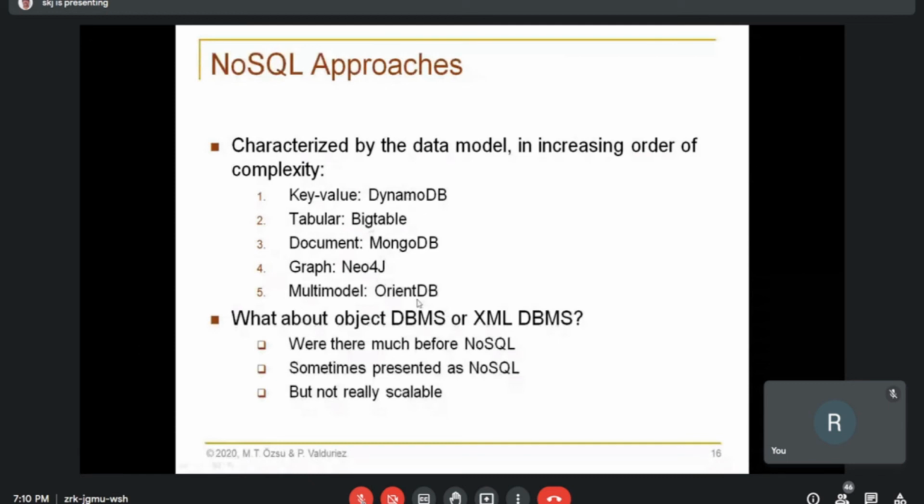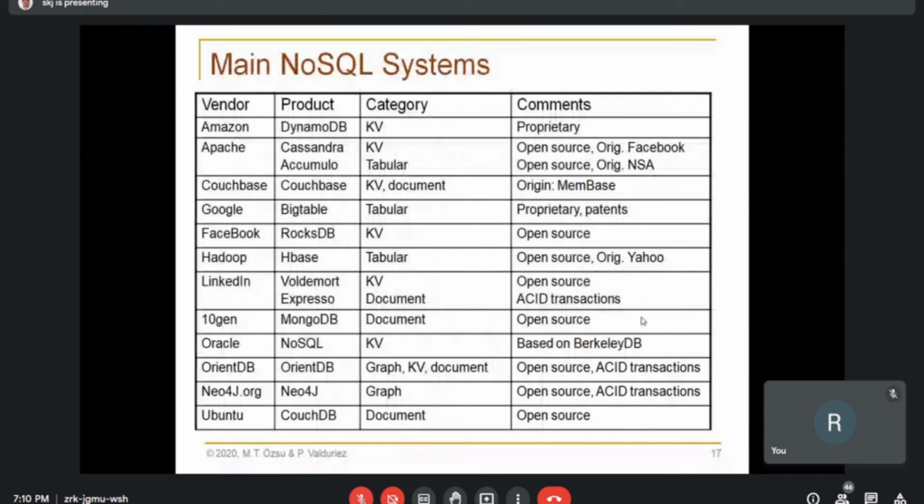What about object database management systems and XML database management systems? They existed much before NoSQL, sometimes presented as NoSQL, but not really scaled. There are a few names of NoSQL database management systems. They are the names of companies, vendors.